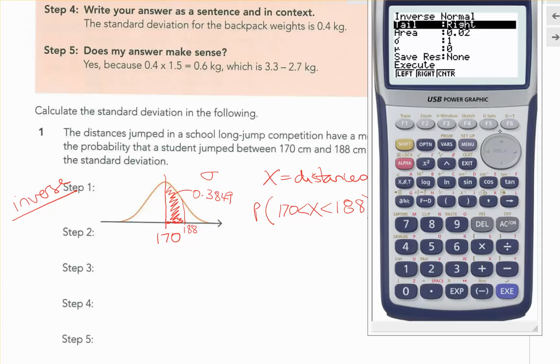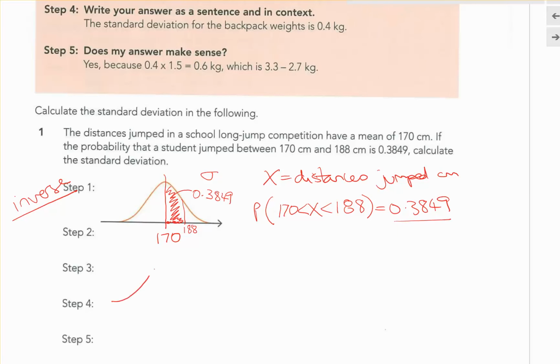There are many ways we can do this one. We could choose to left tail it by going up to 188 and using a left tail of that whole area, which would be 0.5 to halfway plus the 0.3849, which would give us a left tail of 0.8849. So that is one way.